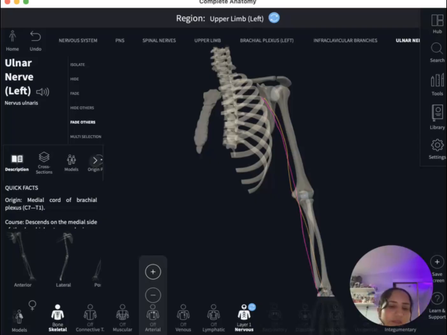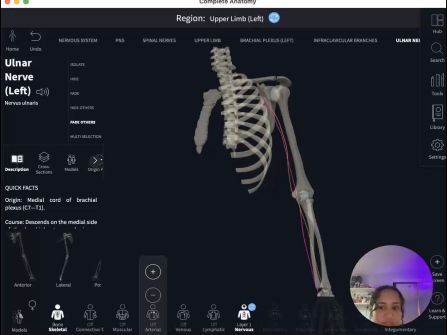And then the last muscle that it would innervate would be one of the intrinsic hand muscles, which would be the palmaris brevis. The origin for this one is the palmar aponeurosis in the flexor retinaculum of the hand.